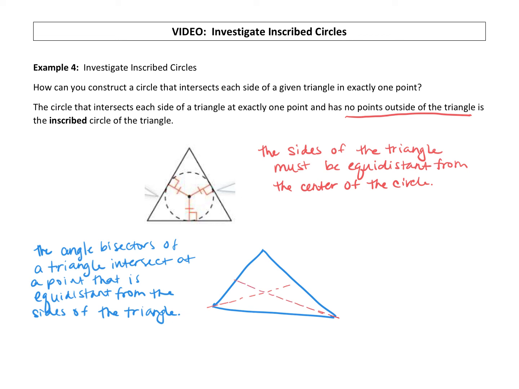So there's another angle bisector, and if I go to the last vertex right here, and I draw in an angle bisector of this angle, do you see how all three of those angle bisectors are going to meet at one point? That point is the incenter, and that will be the center of the inscribed circle.